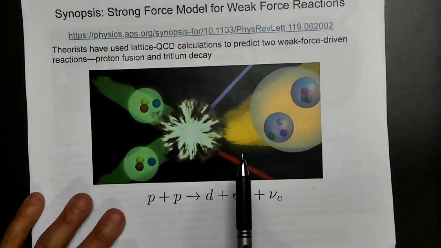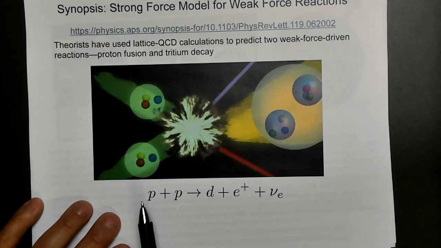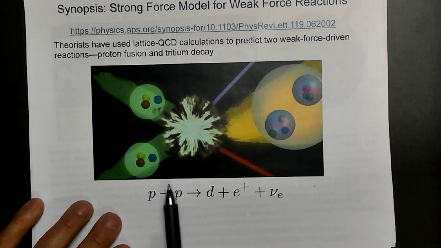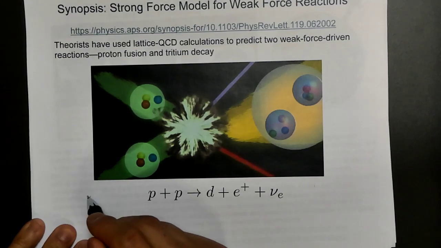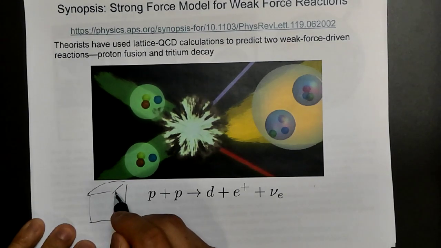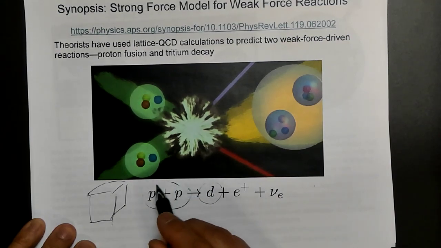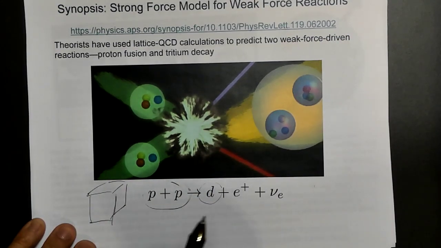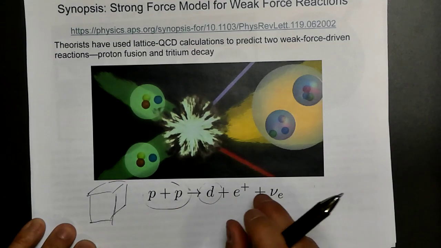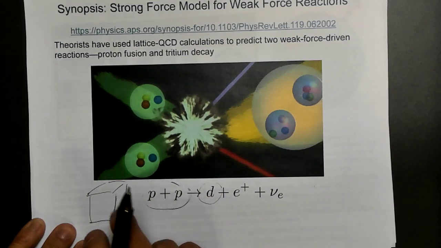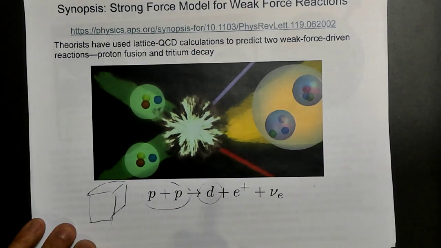And so they did a calculation of a reaction, proton-proton fusion, the burning process in the sun that we talked about, the first step in hydrogen burning. They did this calculation by putting two nucleons in a box, and they looked at the conversion from two protons to a deuteron. And they actually coupled some external weak interaction fields to be able to calculate this transition rate.